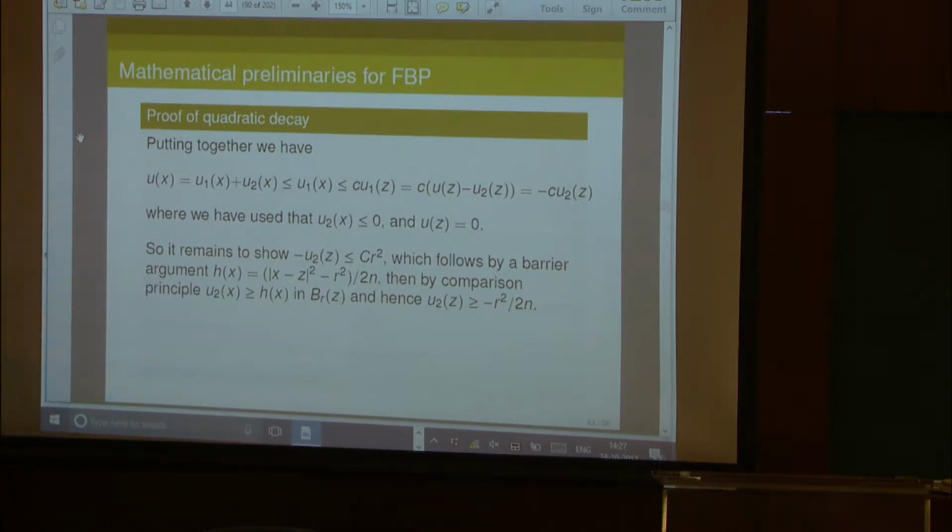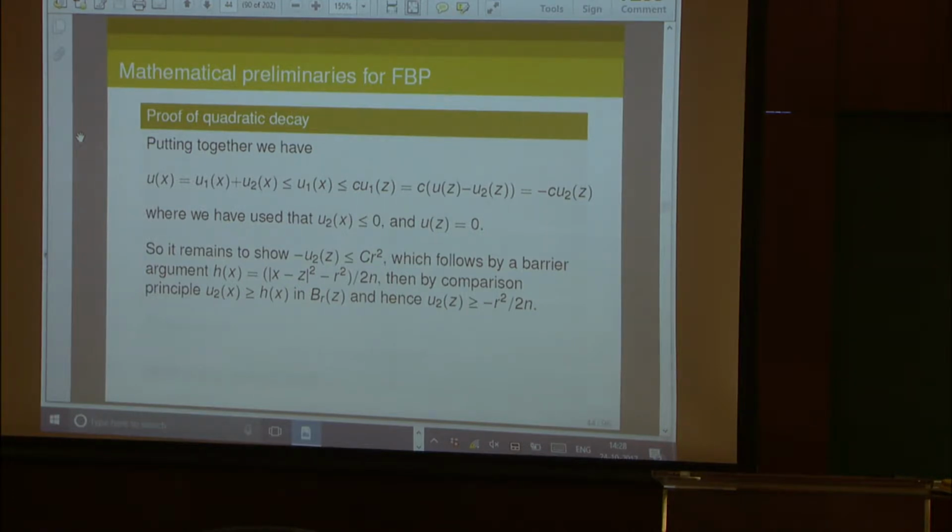So my function is going like this, and then harmonic something like this. This is minus u2. I'm saying I can take something like this, which they call h.